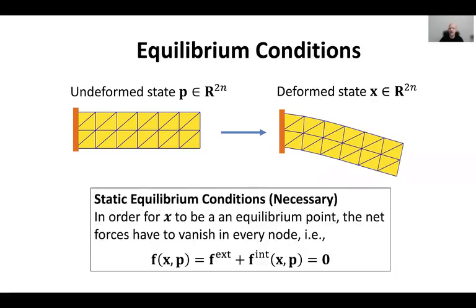Well, we can say that in order for X to be an equilibrium configuration, the net forces acting in each node have to vanish, which means that the sum of external and internal forces has to be 0 for every node. But that's pretty clear, because if forces were not 0, then we would have a corresponding acceleration in the nodes, and then things would move, which contradicts the assumption that we're in a static equilibrium configuration.